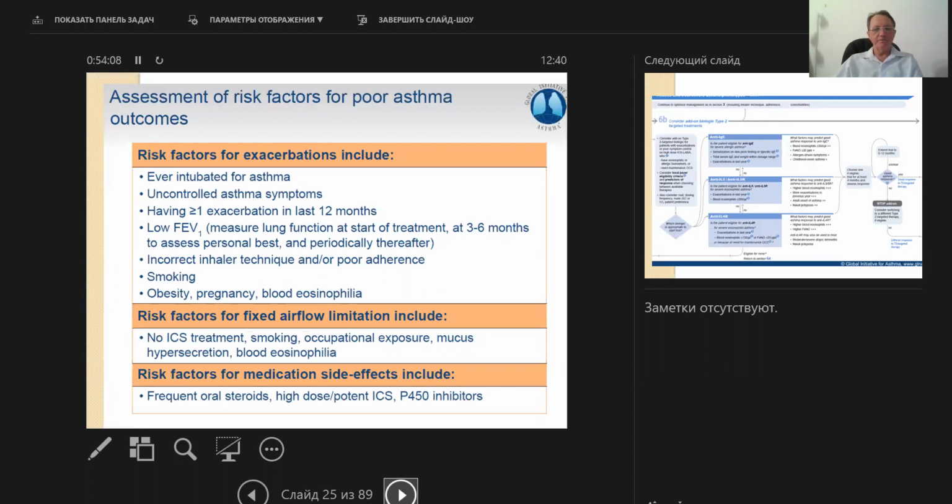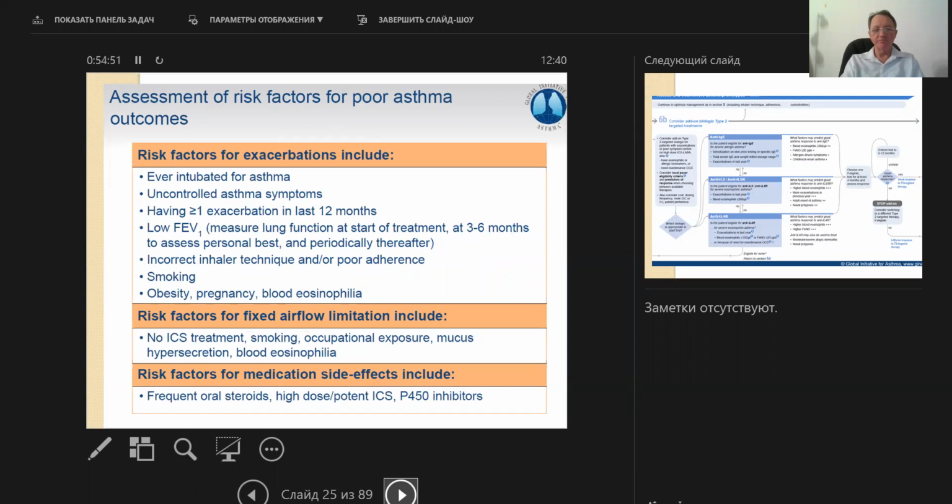But we said that not only level of control is important, it's also very important for prevention of poor asthma outcomes. There are unmodifiable risk factors for fatality of asthma and poor asthma outcomes, including any patient who was intubated during a severe bronchial exacerbation of asthma.